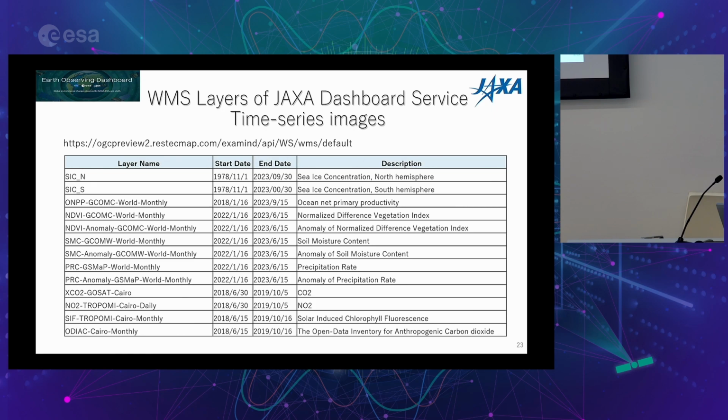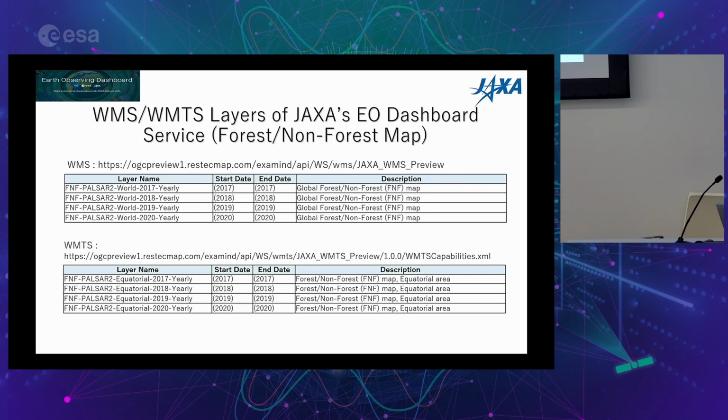We have provided other data too, so you can access our WMS, WMTS using QGIS. And also, we have provided the WMS, WMTS layer for forest non-forest maps. Here is a URL for accessing it in QGIS.